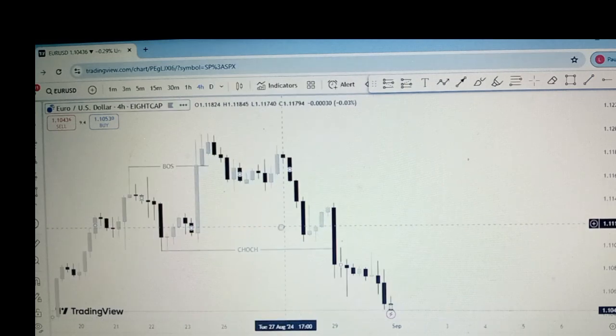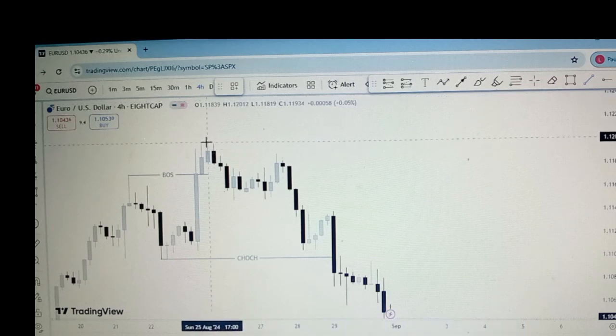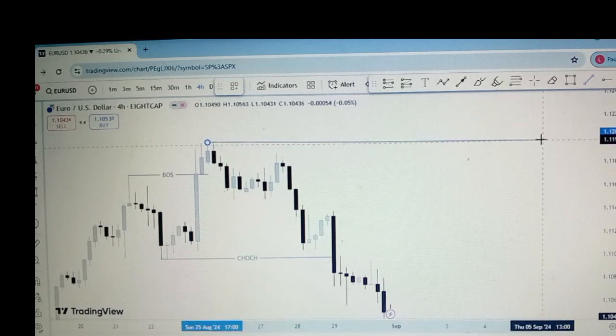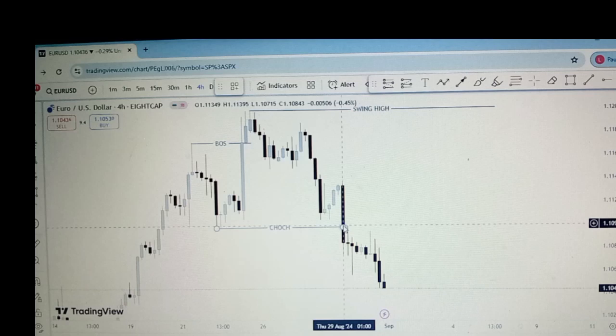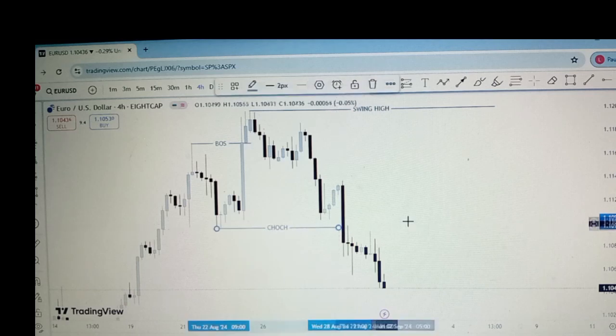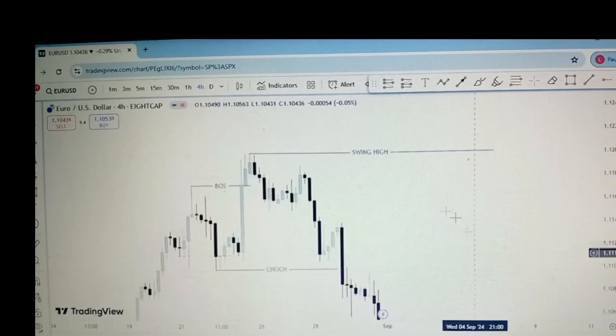So we have a trend change from higher highs to lower lows now. This is my swing high up here. That's my trading range actually, because I'm trading from this high up here to our next swing low if it happens.